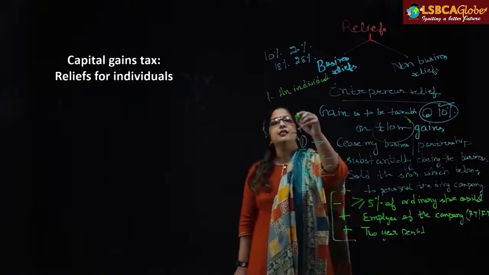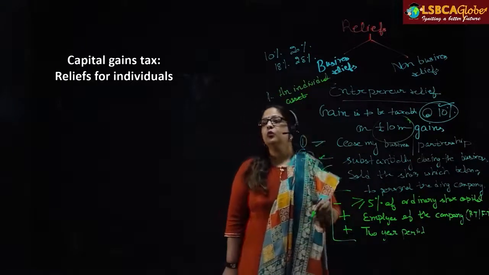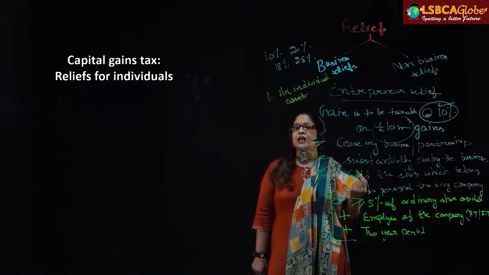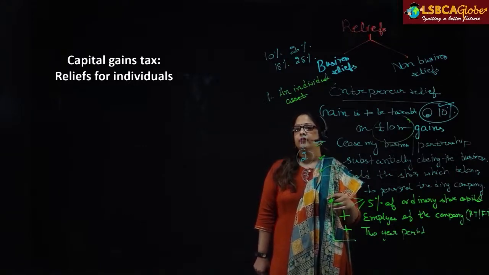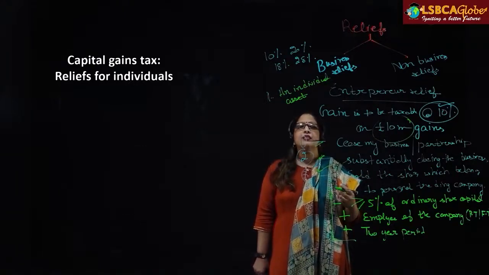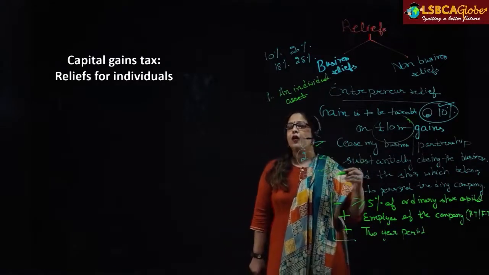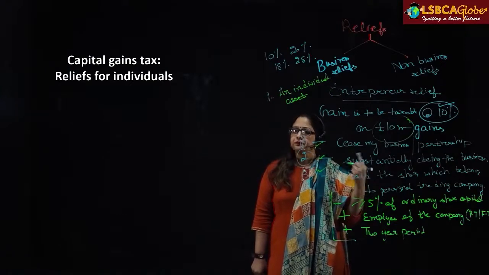That means, if I am disposing an individual asset, class, tell me, can an individual asset in isolation qualify for the ER? No, because I am not disposing the entire business and I am not disposing the substantial business. Any doubt?